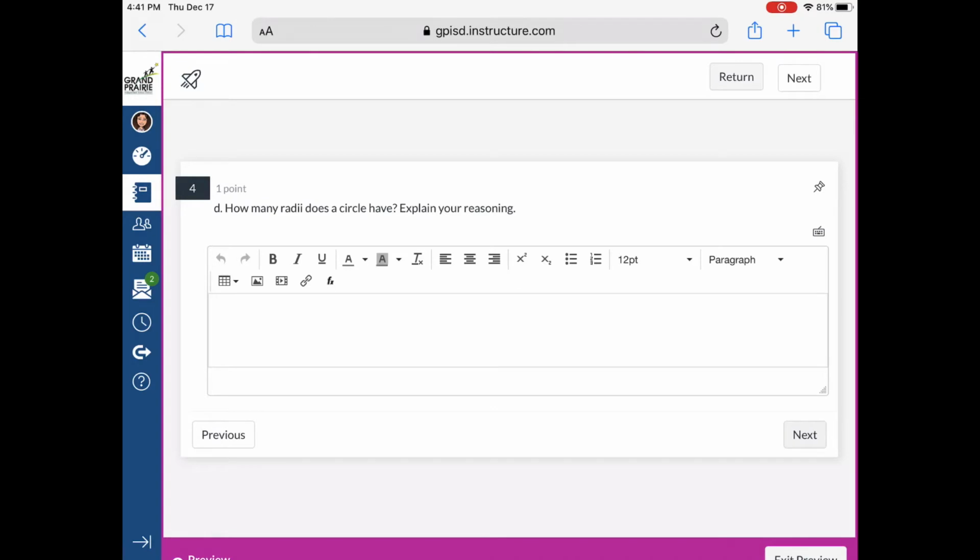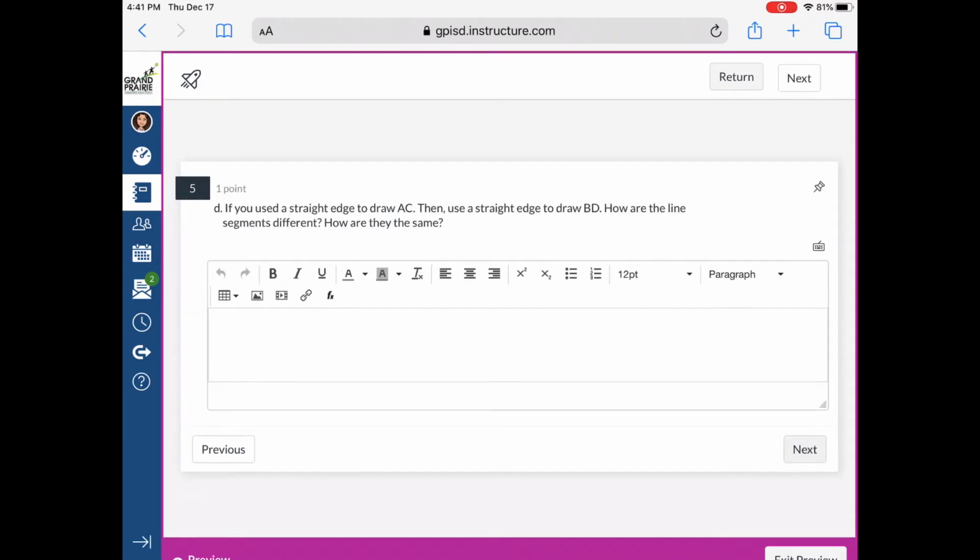So if there are an infinite amount of points around the circle, then there would therefore be an infinite amount of radii. So you should stop this video really quick and type in what you think would be your answer. It should be that there are an infinite amount of radii around a circle.